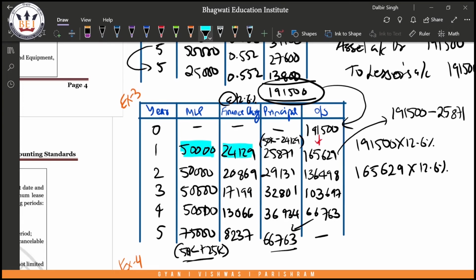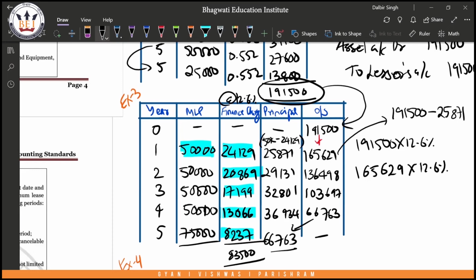So this is how you allocate your finance charge for every year. For year 1 it is 24,129, year 2 it is 20,869, year 3 17,199, year 4 is 13,066, and last is 8,237. So therefore your total finance charge is going to be 83,500. And how much have you paid?